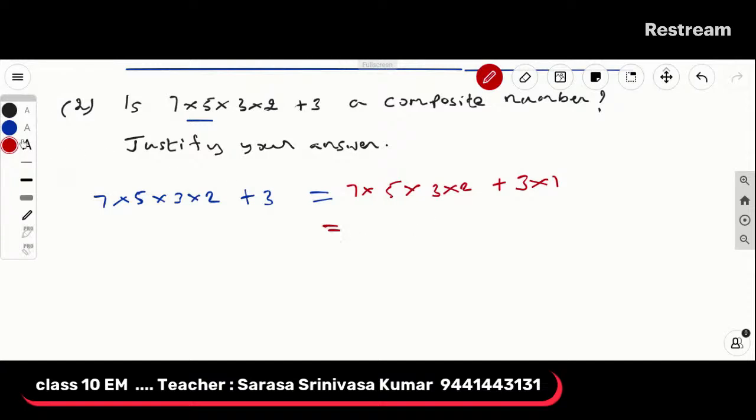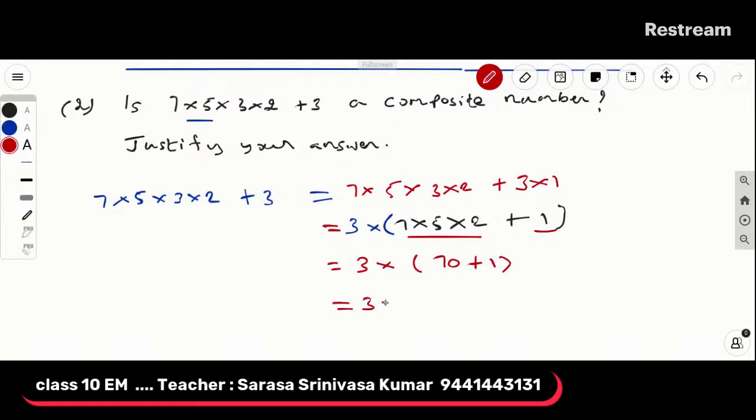This is equal to 3 multiplied by (7 multiplied by 5 multiplied by 2 plus 1). Here we get 70, plus 1.